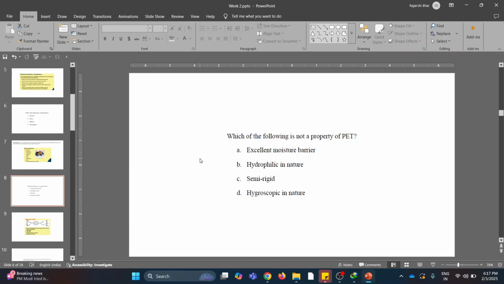You see, being a plastic, a common idea is that it can be an excellent moisture barrier. That is true. Semi-rigid itself is a type of plastic, which is the nature of PET, and then hygroscopic is in nature, or hydrophilic in nature. You have the confusion between these two.